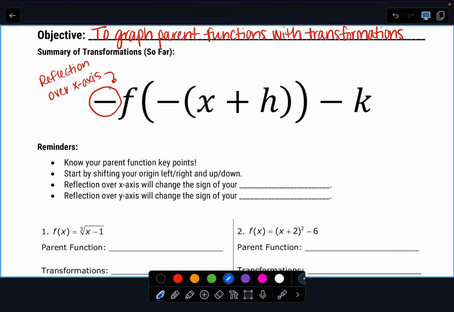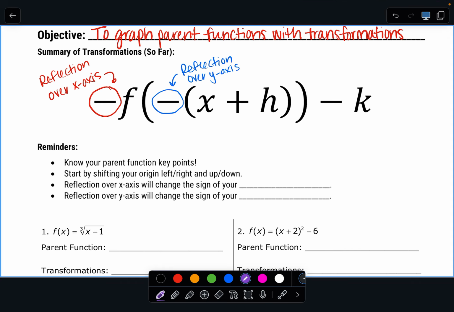If you have a negative on the inside of your parent function, that is a reflection over the y-axis. Generally, and I will say as the person who mostly writes your notes and your tests and all of that, we don't give you both of them at the same time. We usually will ask you for one or the other. So if you see something and you're like, does this have both a reflection over x and a reflection over y? Most likely, probably not.